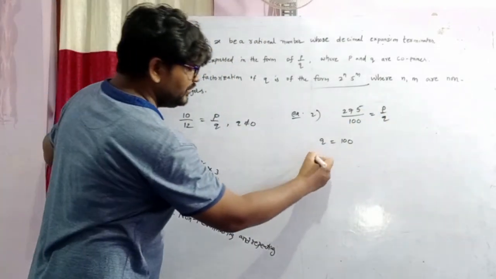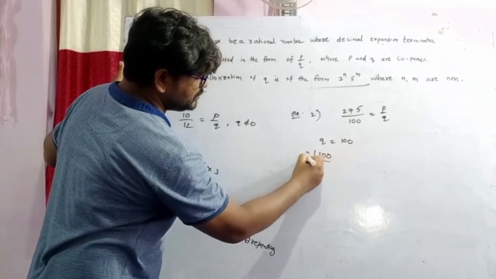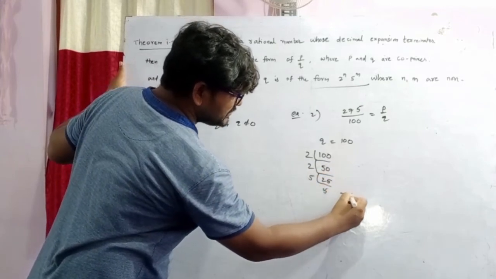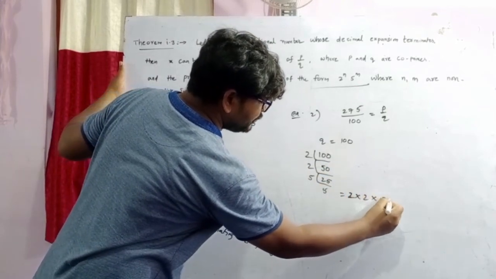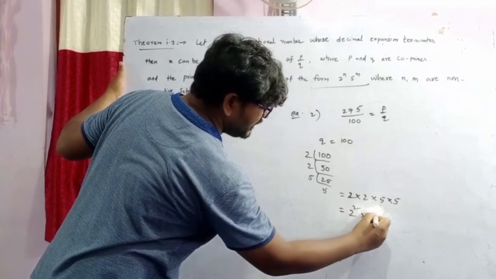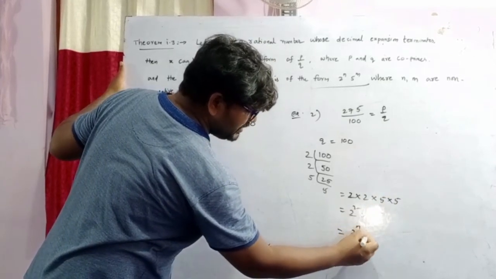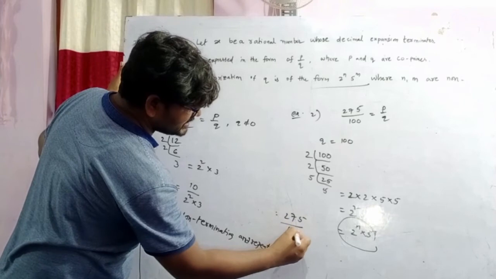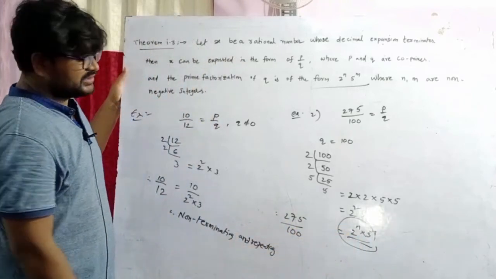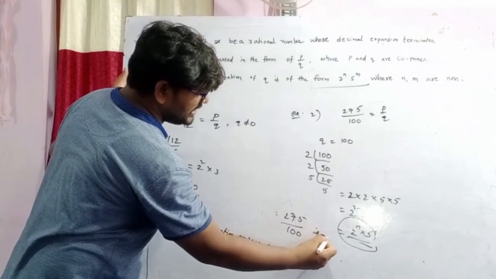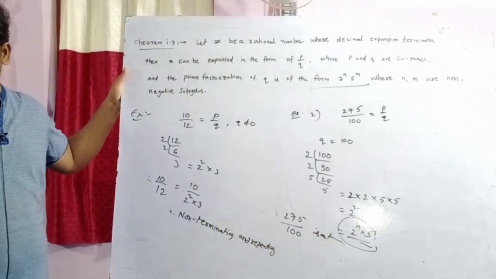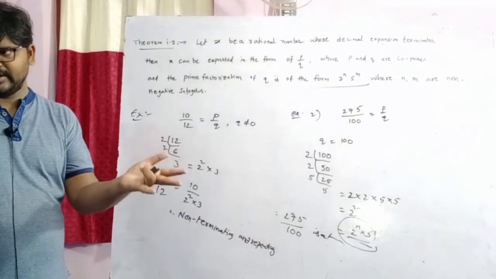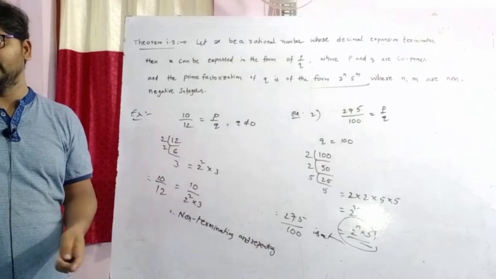Prime factorization of 100: 2 into 50, 2 into 25, 5 into 5. So it is 2 square into 5 square, which is of the form 2 power n into 5 power m. Therefore 275 by 100 is a terminating decimal, since the denominator is of the form only 2 power n, only 5 power m, or 2 power n into 5 power m.